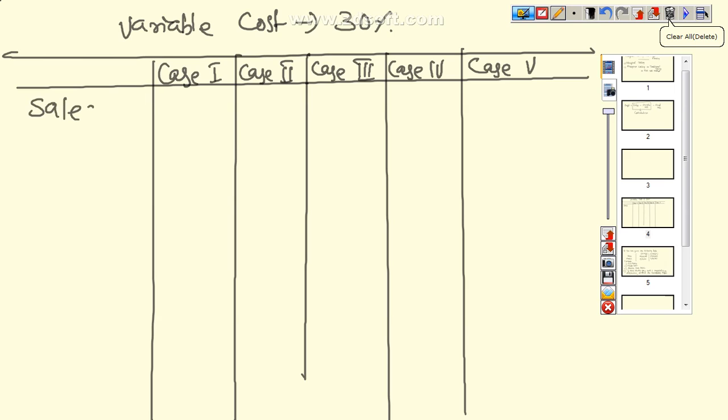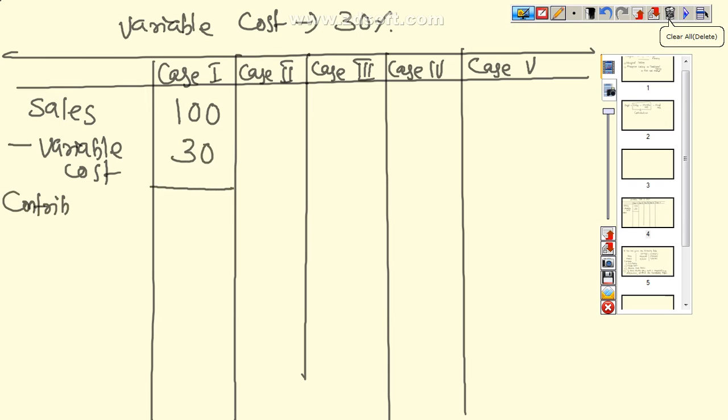Sale is equal to 100 in case 1. Now we calculate 30% of 100, that is my variable cost, that is equal to 30. Sales minus variable cost is equal to contribution. So contribution is equal to 100 minus 30 is equal to 70.